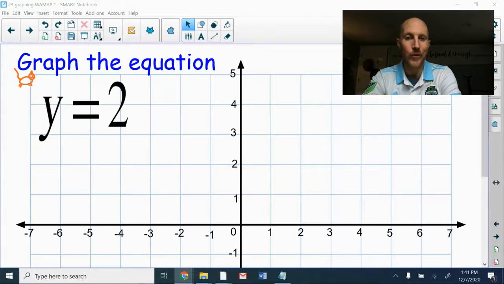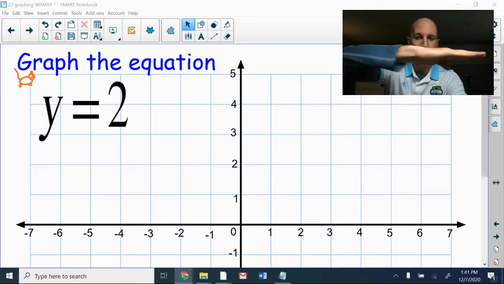Okay, y equals 2. So when we see it's got a y at the front, y equals, and then there's just a number, that tells us right away this is one of those first two types of equations. So this is going to give us a horizontal line.